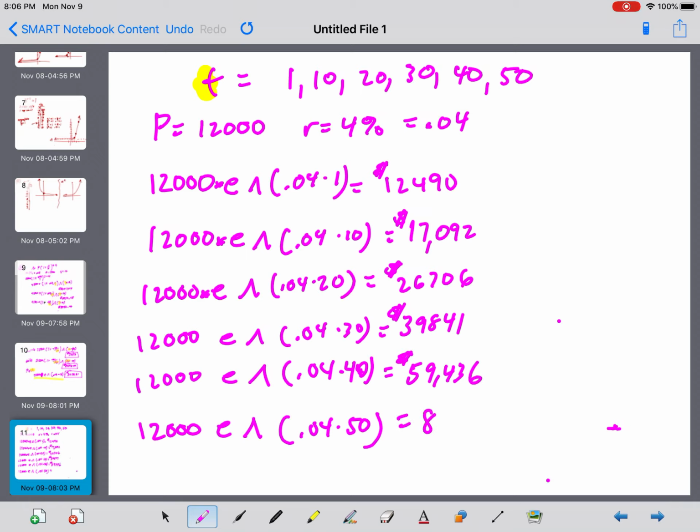And 50 years, you're going to have $88,669. That's a lot of money if you can leave it alone for 50 years.